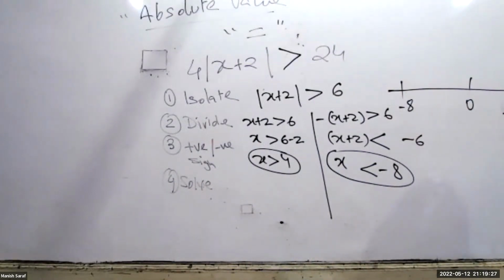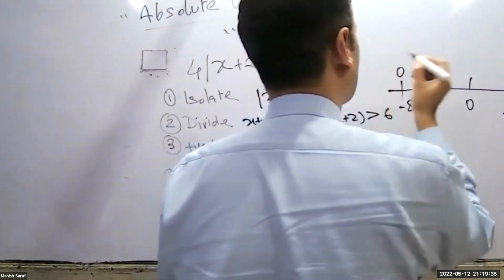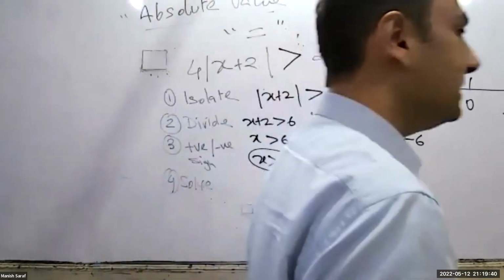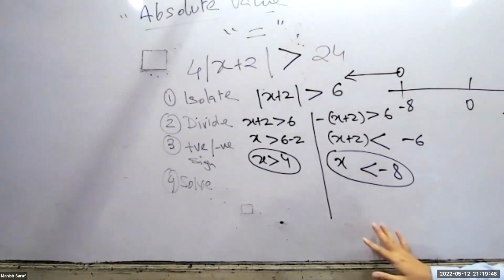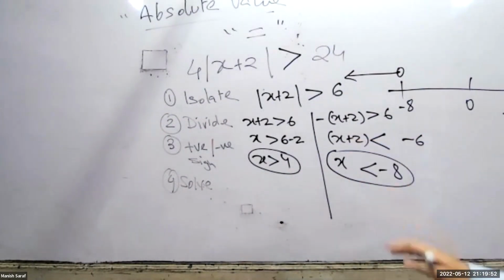So your solution says any value greater than 4, and any value less than minus 8, all of this is the solution. Observe and absorb this once, then we will go ahead and do one more concept and then go for problem solving. Did you understand why I made a hollow circle?